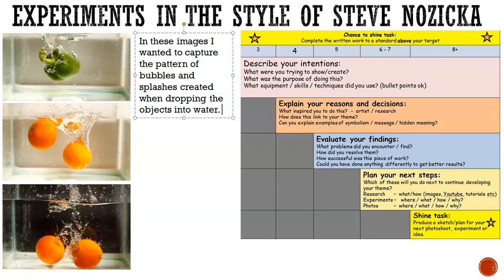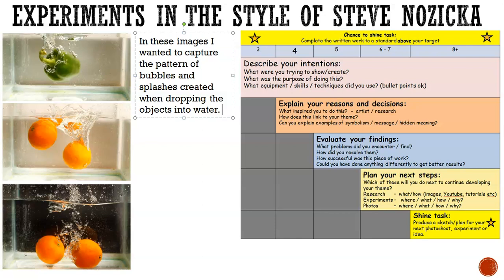What was the purpose of doing this? So sometimes this will be more straightforward, other times the answer might be a little bit more abstract, which means it's kind of more your opinion or something you feel rather than something based on fact. In my opinion, adding them into water with the splash, that kind of action, it does make the fruit and vegetable look a lot more exciting.